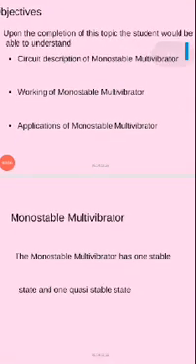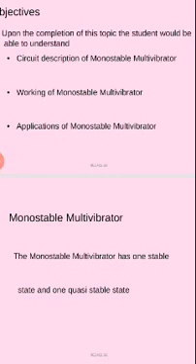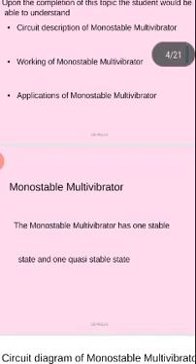So after completion of this period, you would be able to understand a clear idea of the monostable multivibrator.